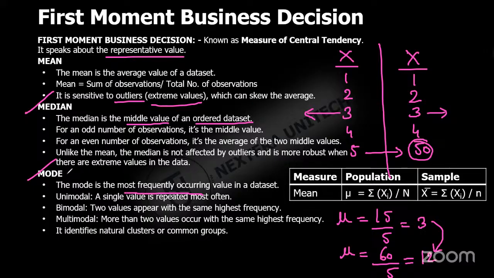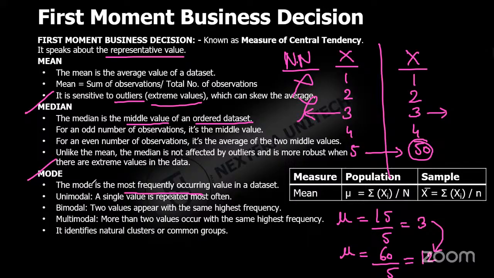But what is the purpose of calculating mode, guys? If it is numeric data, I can calculate mean and median. But what if I have non-numeric data, categorical data? Can I calculate mean? Impossible. Can I calculate median? No. There I go and calculate mode.